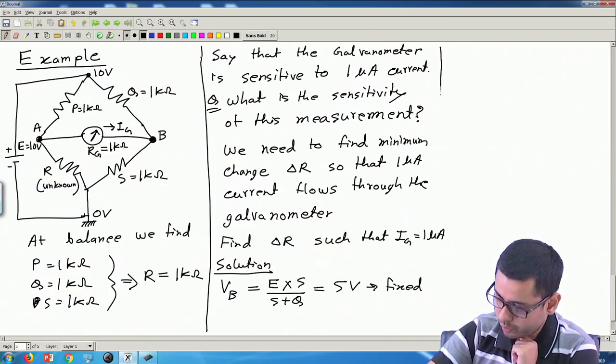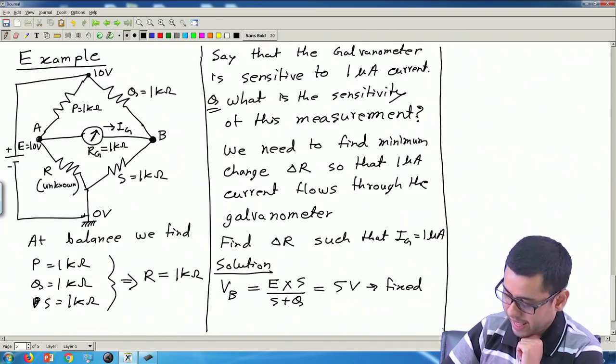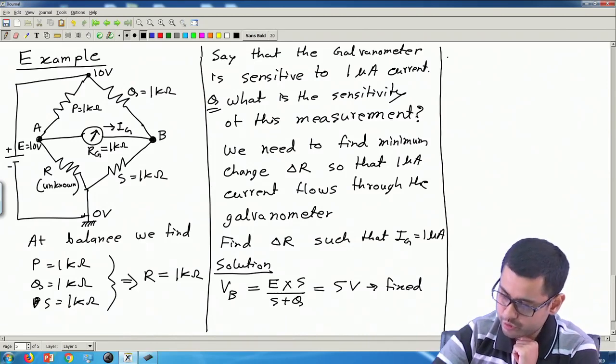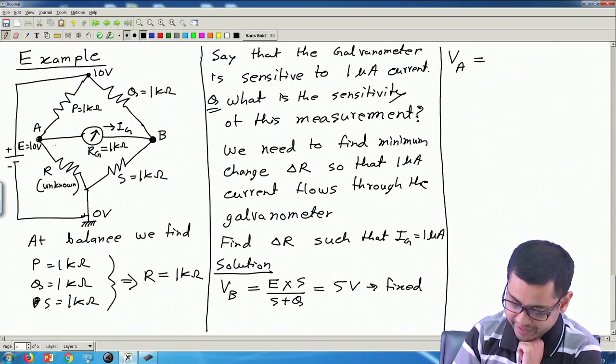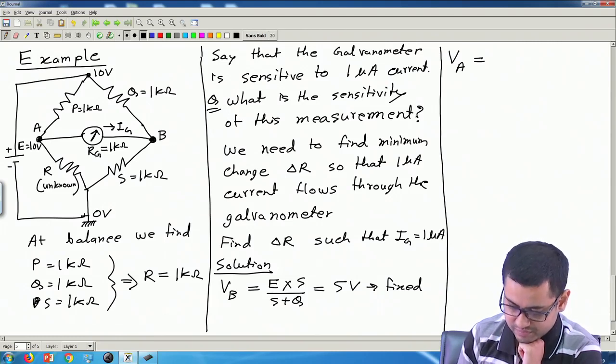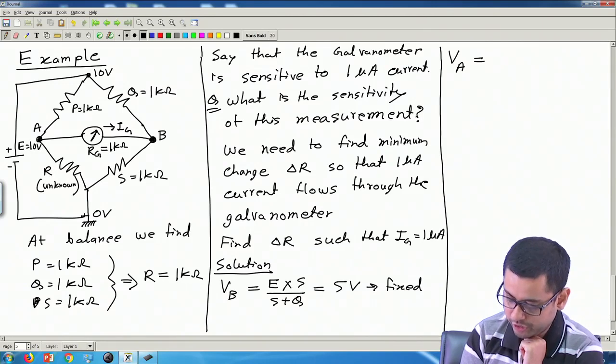Okay. Now what will be the potential at this point A, VA? VA will depend on the value of R. If R changes, VA will also change.